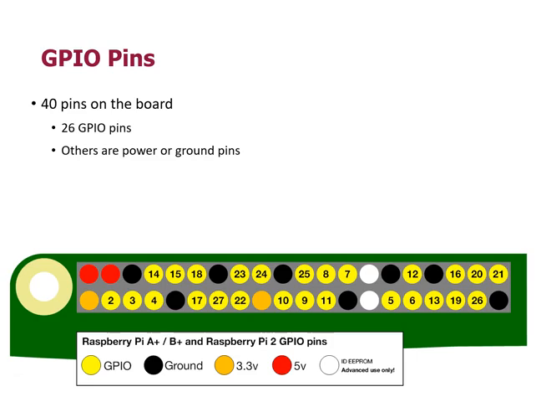Understanding this pin layout is crucial for connecting sensors, actuators, and other components to your Raspberry Pi. This particular pin layout is specific to the Raspberry Pi A+, B+, and Raspberry Pi 2 models, but the general concept of the GPIO pins applies to all Raspberry Pi models.